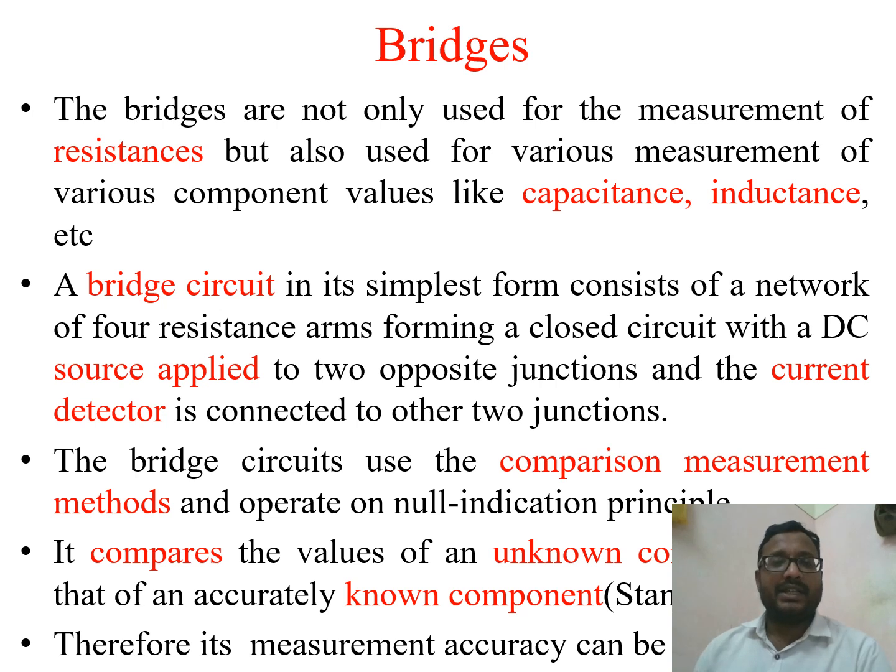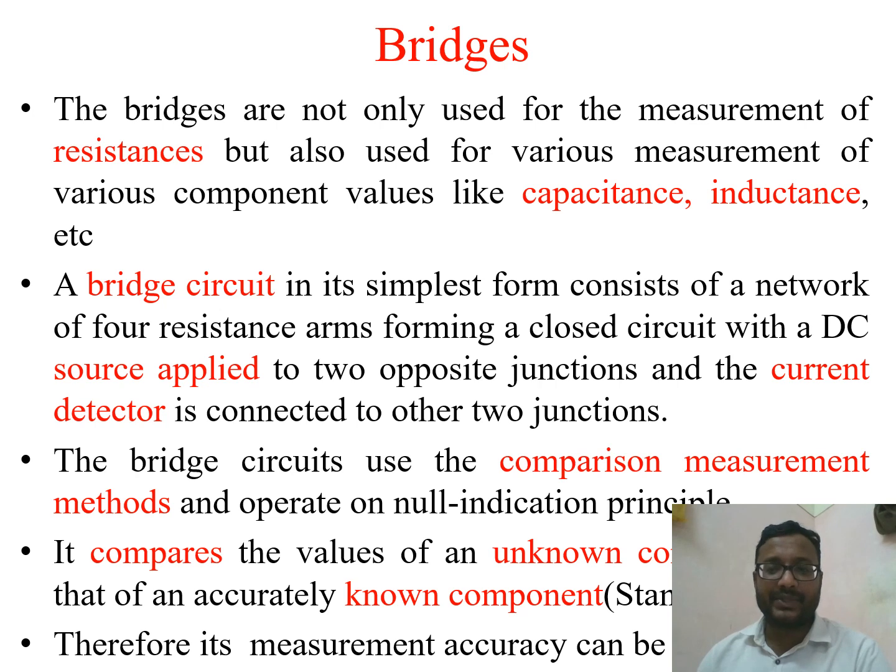The bridge circuit in its simplest form consists of a network of four resistive arms forming a closed circuit, with a DC source applied to opposite junctions, and the current detector connected to the other two junctions.